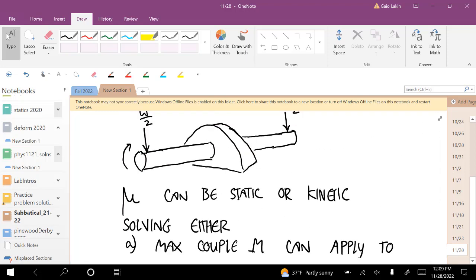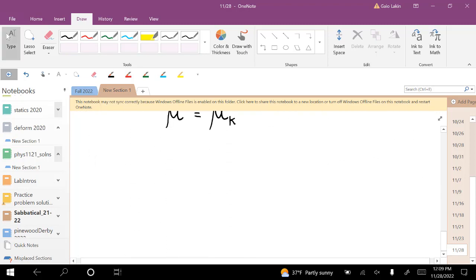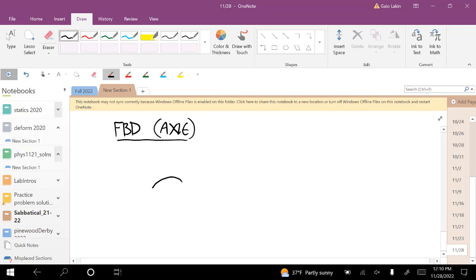Okay, so let's draw a free body diagram. We'll think of it as a side view looking down this end of the axle. And so the free body just looks like this. Here's the center of the axle.